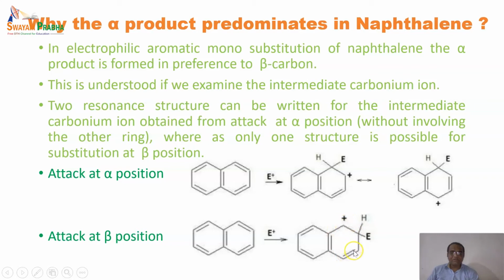So there cannot be any more resonating structures, and that is why only alpha products are formed and not beta products. Beta products are formed but under harsh conditions, while alpha predominates because it has two resonating structures.